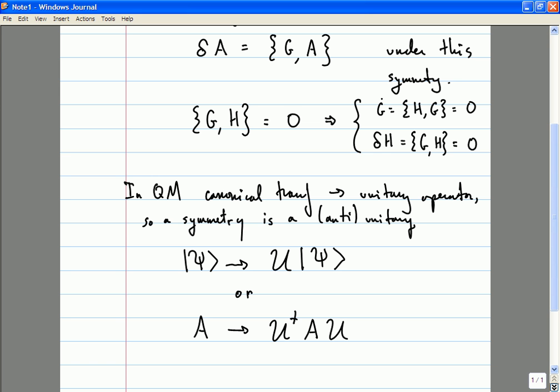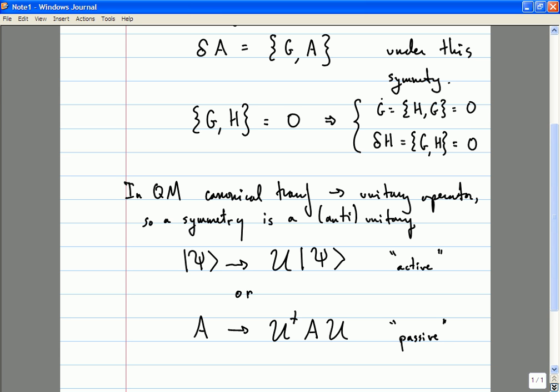So just as there's a Schrödinger and a Heisenberg picture, where the unitary time evolution operator is thought of as acting either on the states or on the observables, likewise, when you consider symmetry transformations, you can think of them as either acting on states or on your observables. And we typically give names to these two pictures of how symmetries act in quantum mechanics. In the first case, we call that an active point of view if the symmetry operators act on the states, and we call it the passive point of view if symmetry operators act on the observable.